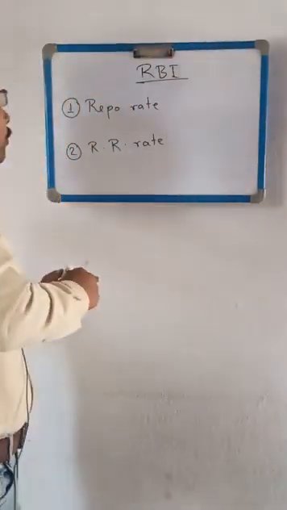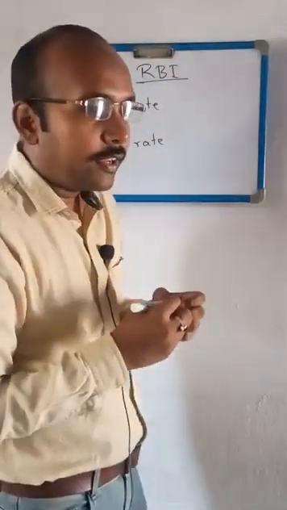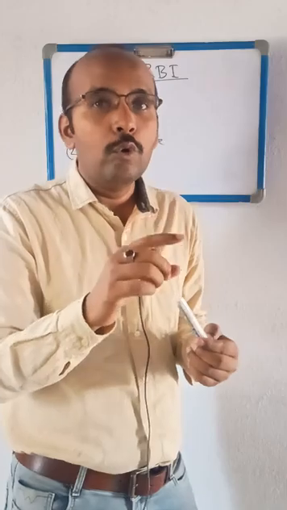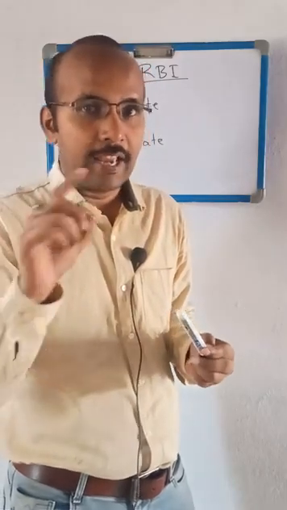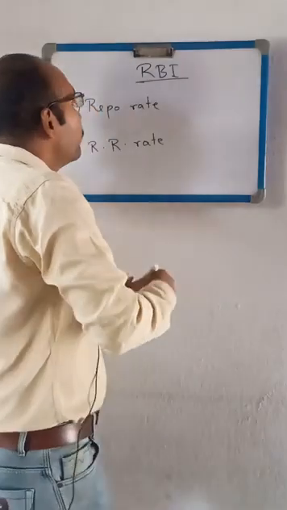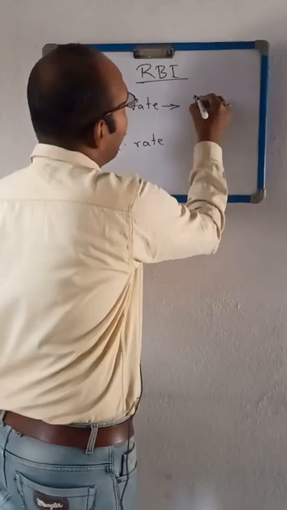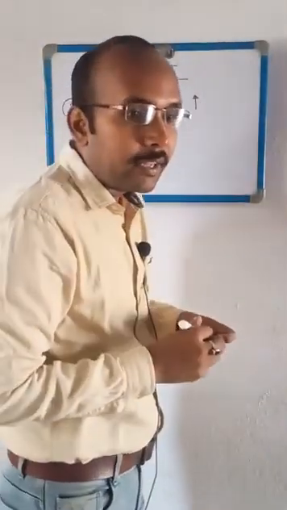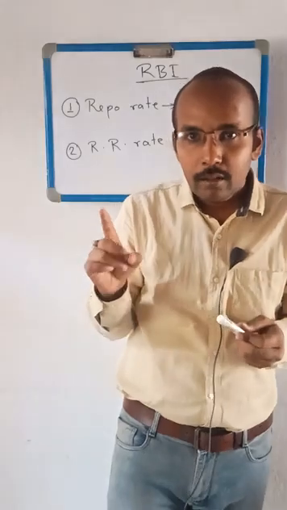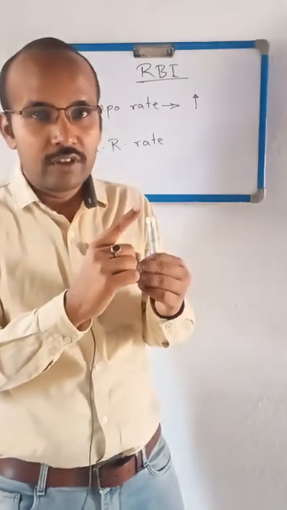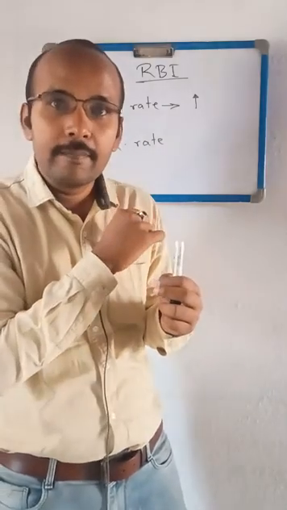Why? Because banks also want their own profit. So when a bank takes a loan from RBI, the flow of money will increase. Remember the biscuit concept? The flow of biscuits is increased but the demand is the same.